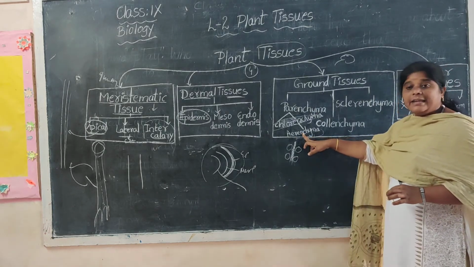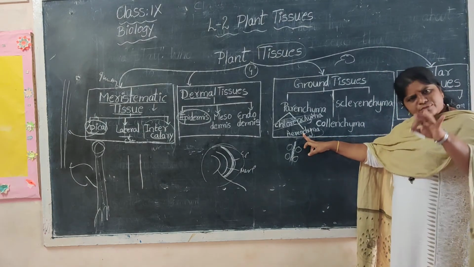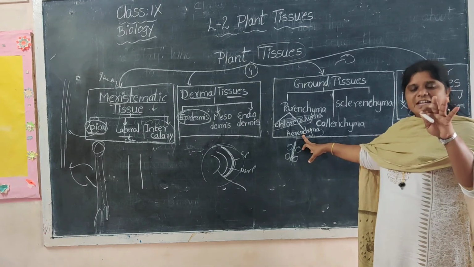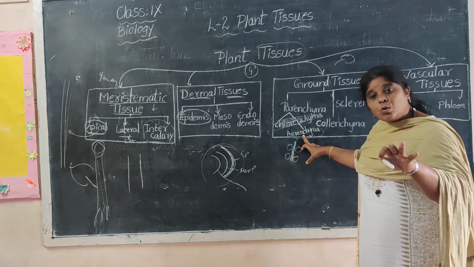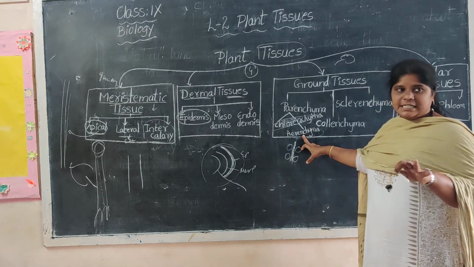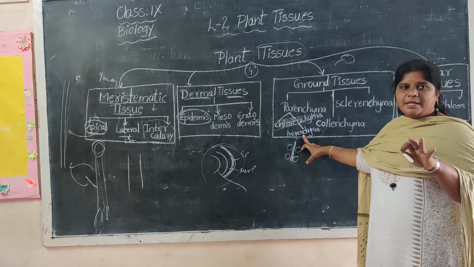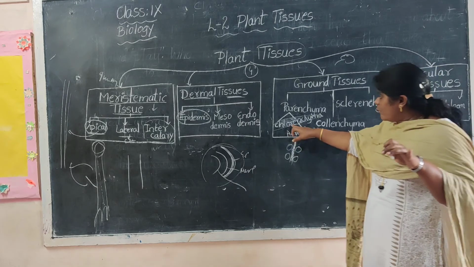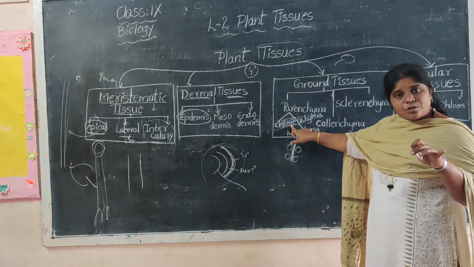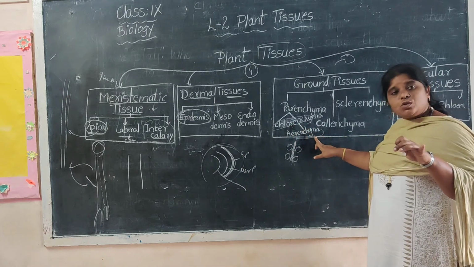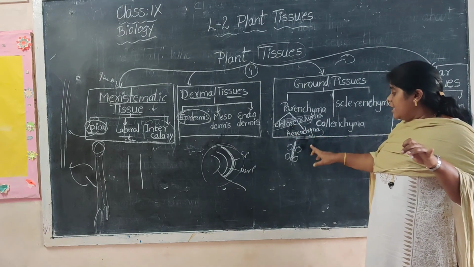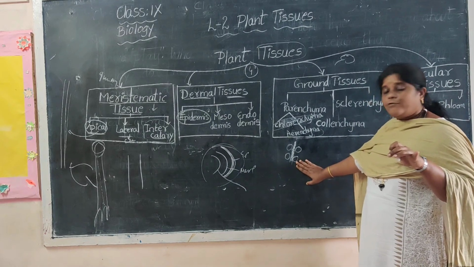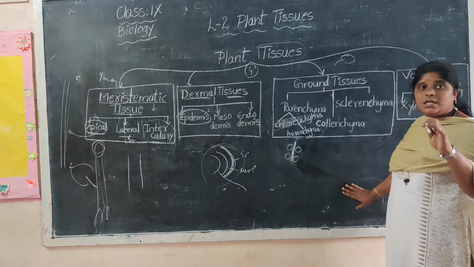That is called parenchyma. And it will have storage tissue also. That storage tissue will store food material. So, of these 3 cell types, one is useful for the preparation of food, one for the process of respiration, and the other for storing the food material.